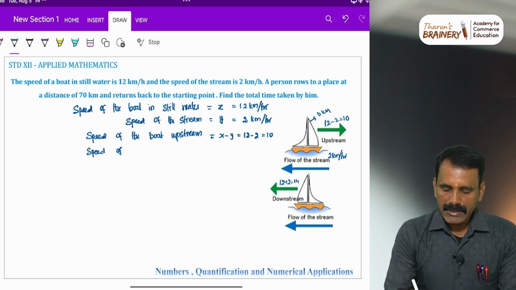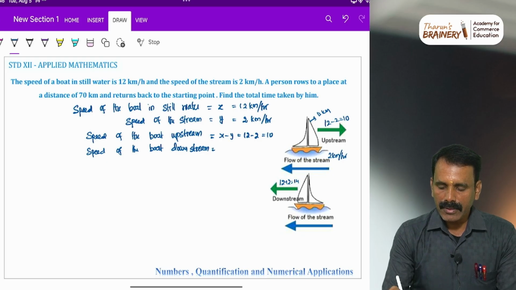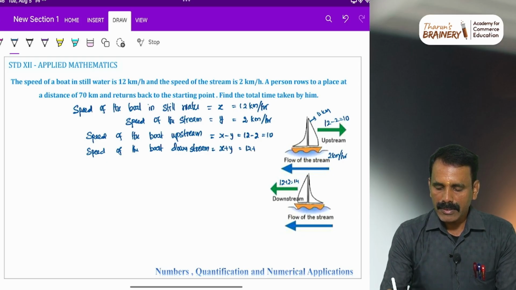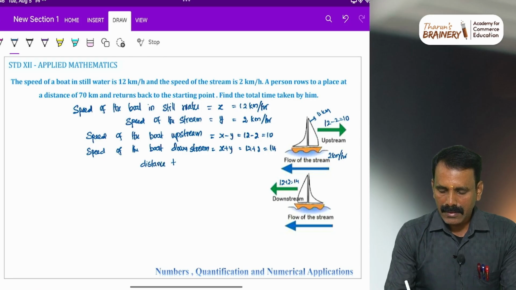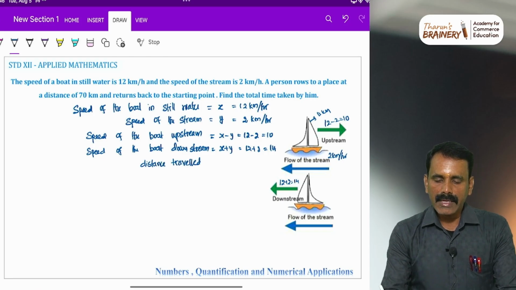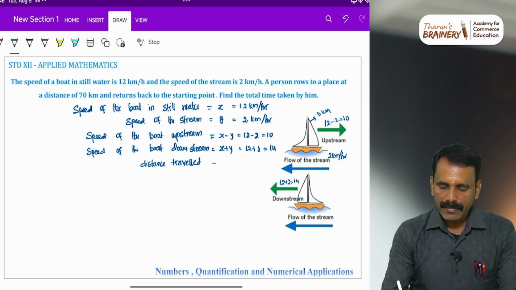Now we are finding the speed of the boat for downstream. How to find the speed of the boat in the downstream? It is x plus y, 12 plus 2, that is equal to 14. And distance travelled, for upward as well as downward, it is going to be 70 kilometer.